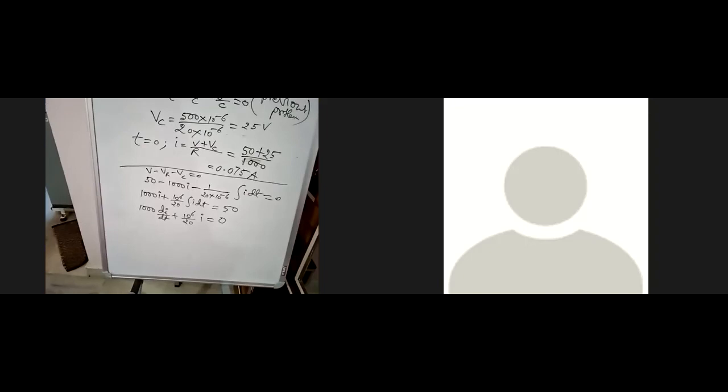Now here, for removing the integral, I am taking derivative on both sides. Derivative of 50 is 0. Now make the coefficient of dI by dt 1.